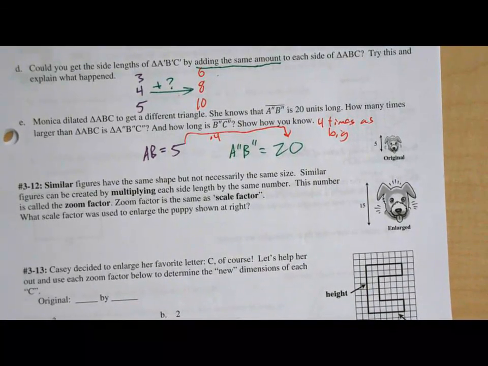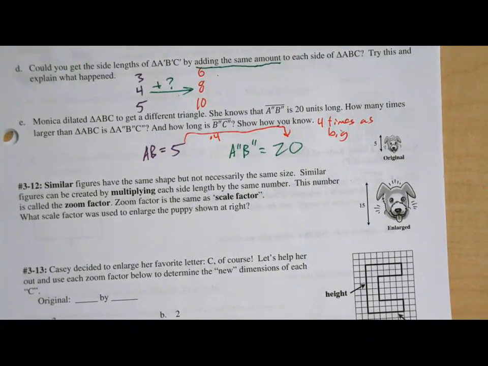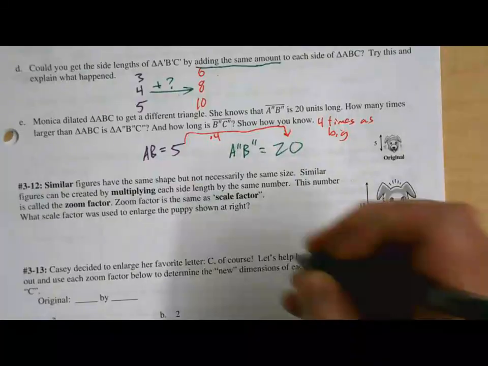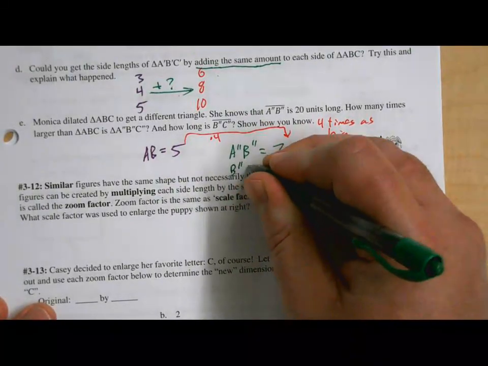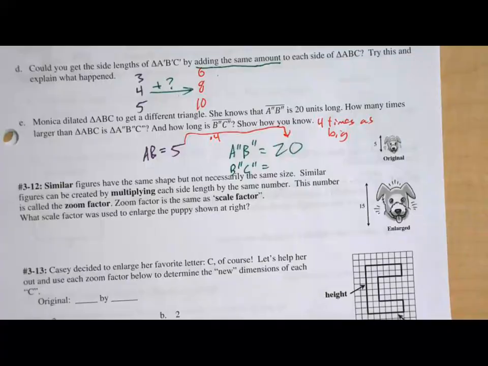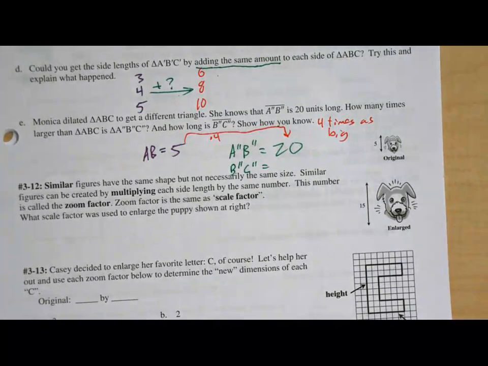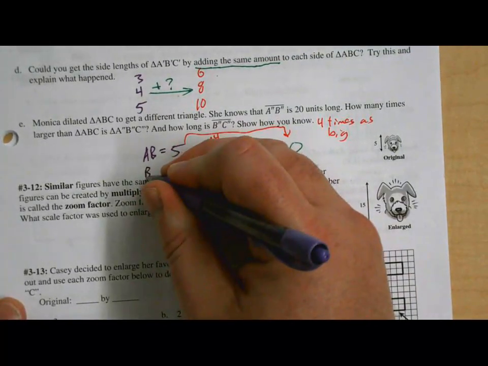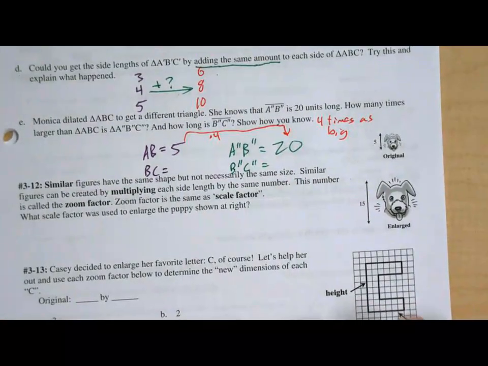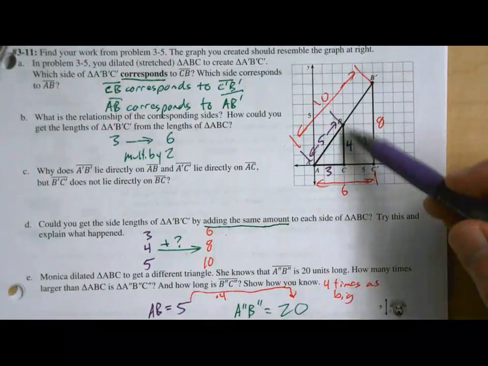So without seeing her triangle, would you be able to tell me how long her B double prime, C double prime is? Could you do that? In order to do that, you would need to know what her BC was. Well, we all started with the same BC. Our BC was 4, right?